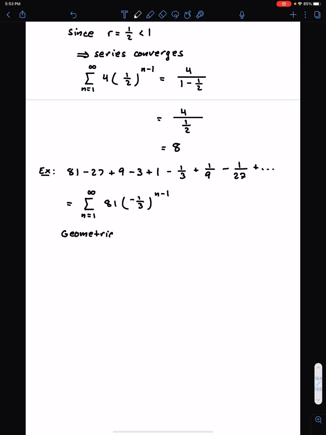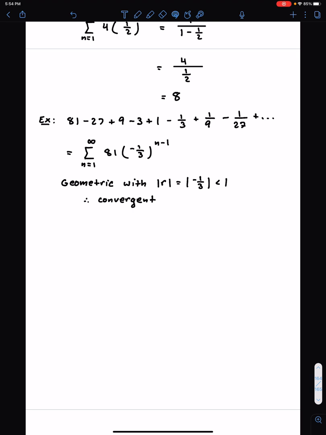So geometric series with absolute value of r equals the absolute value of negative 1/3, which is less than 1. Therefore, it's convergent.